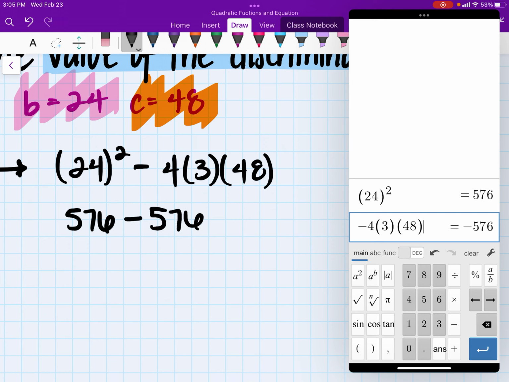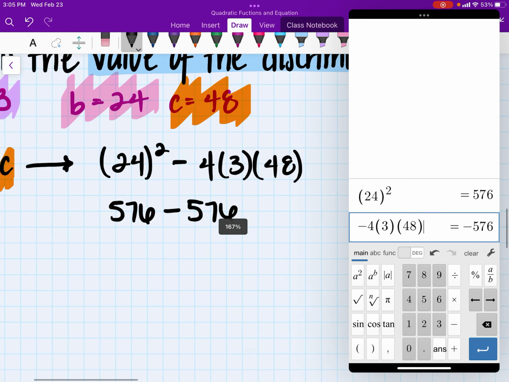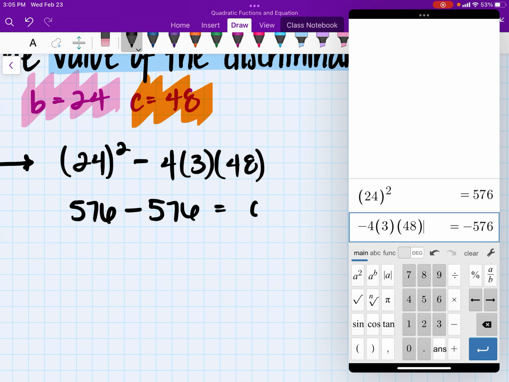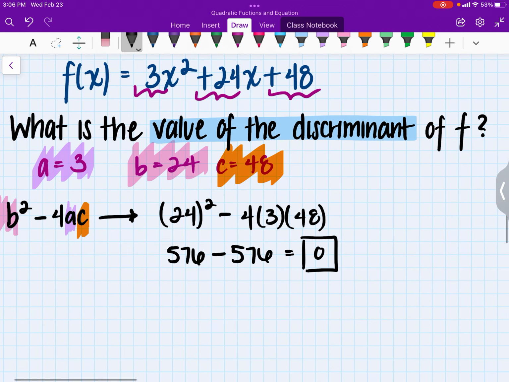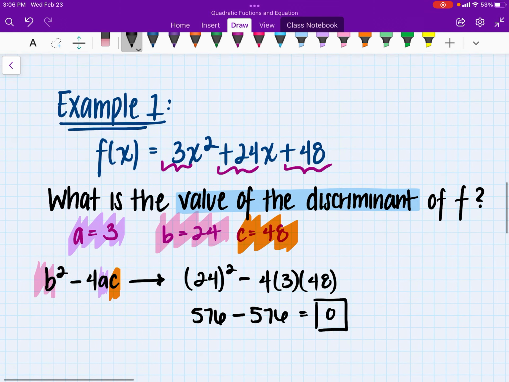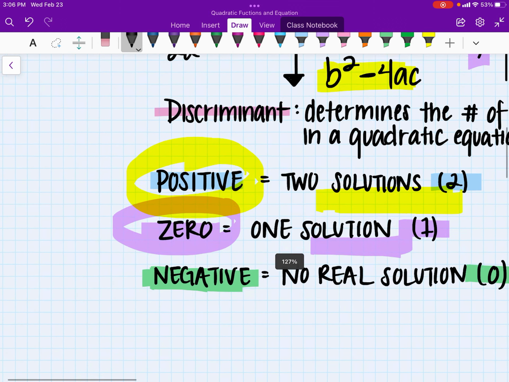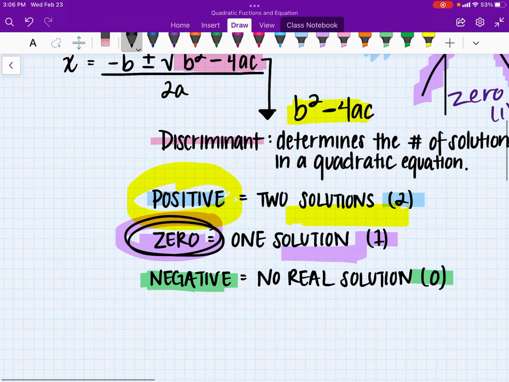576. Now, 576 minus 576 is actually going to give us a 0. So the 0 in this case is actually the value of the discriminant. Now, because our value here is 0, that means if we go back here, if we get a 0 as our value for the discriminant, then we should have one solution.